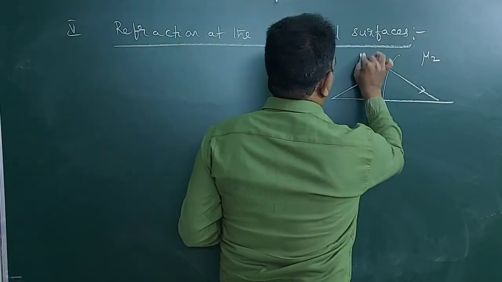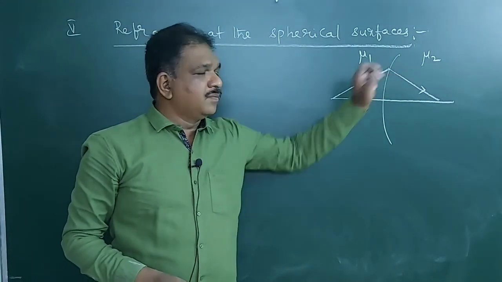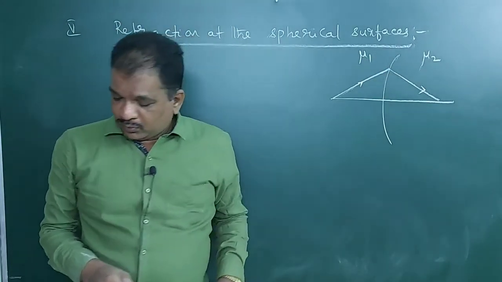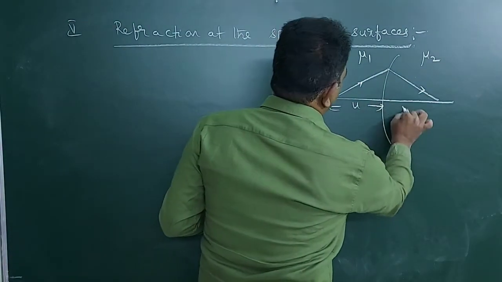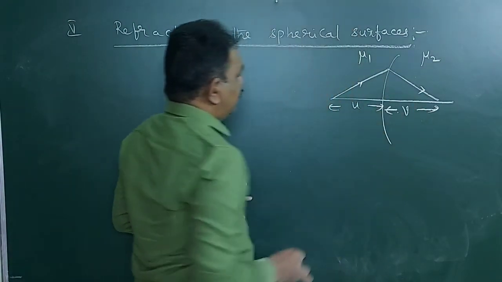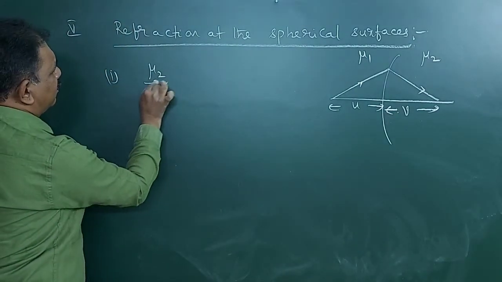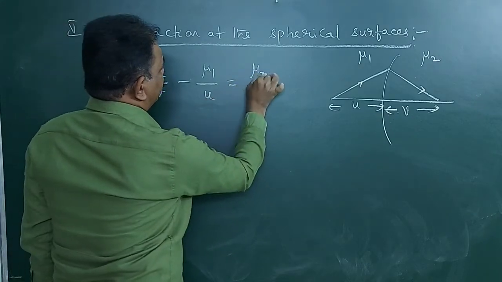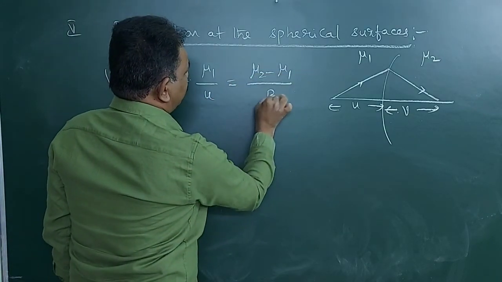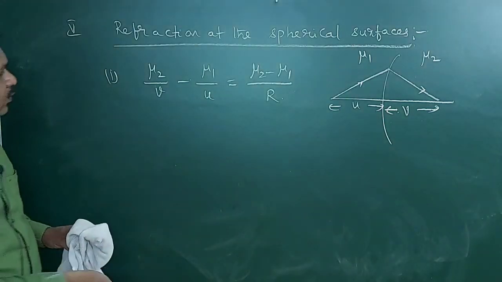This medium refractive index mu1, this medium refractive index mu2. Then this is object distance. This will be image distance. Here the formula is mu2 by v minus mu1 by u is equal to mu2 minus mu1 by r. This formula we will use.